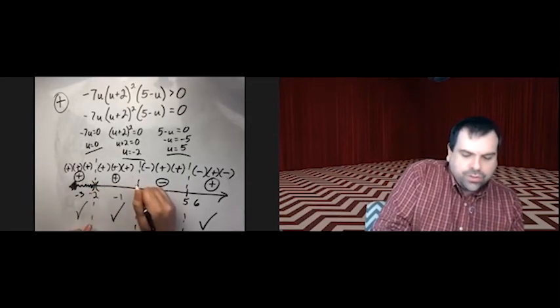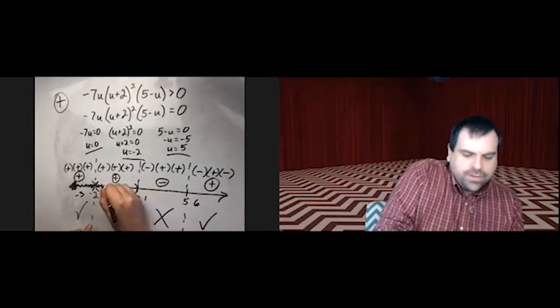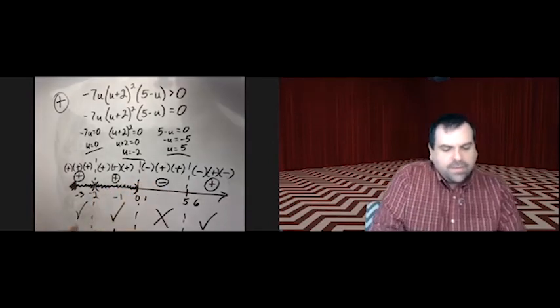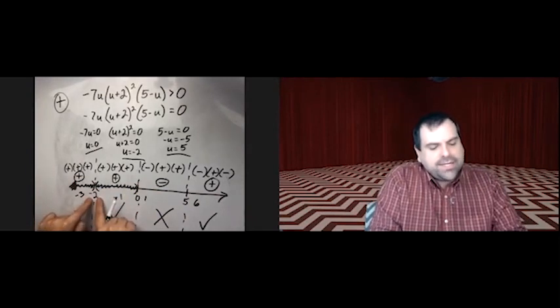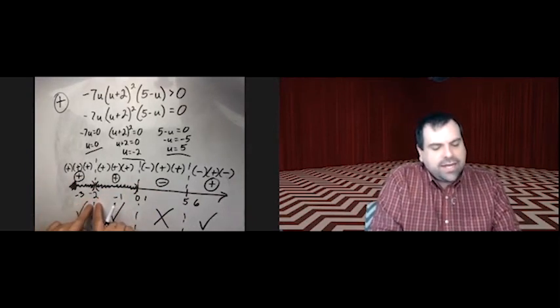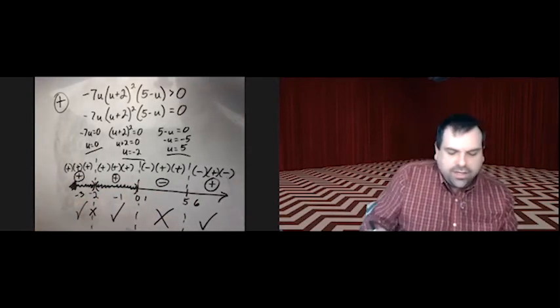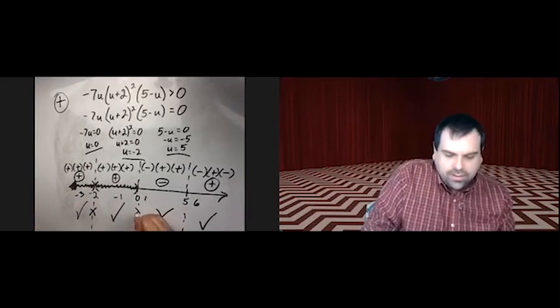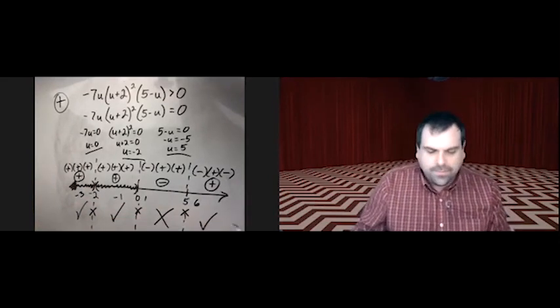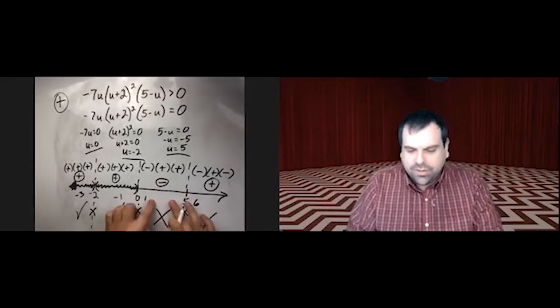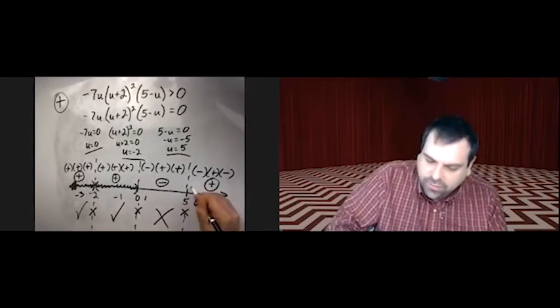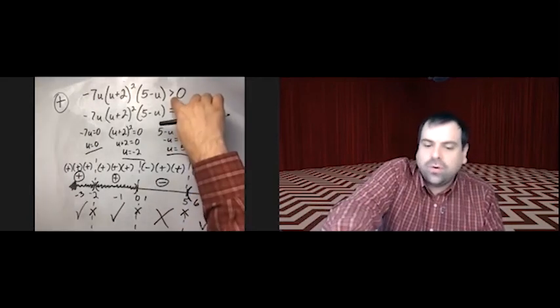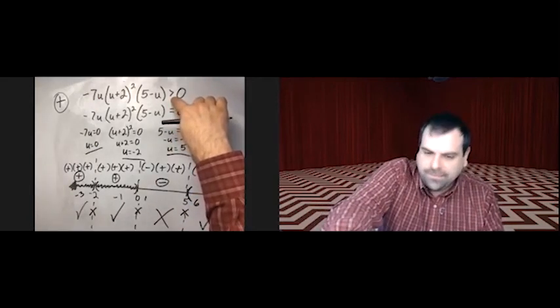Section 2 is included. But that number in between section 1 and section 2, that negative 2, that is not included. Section 3 is not included, but section 4 is. We do not include the 5 because we do not have greater than or equal to. We just have greater than.